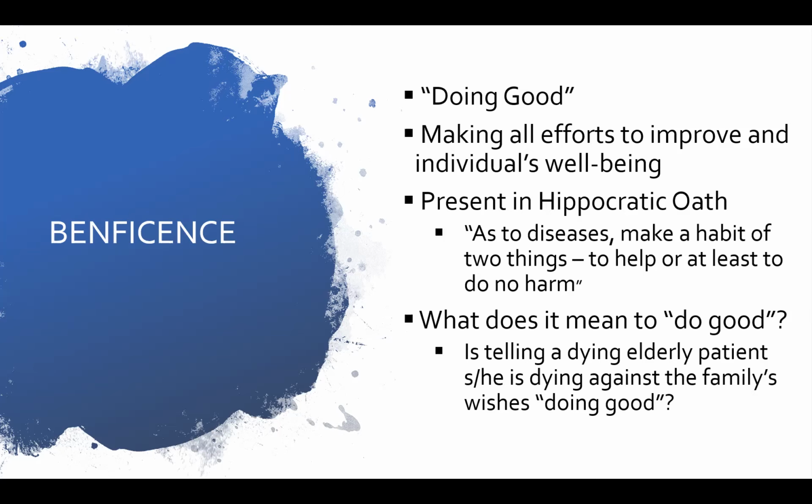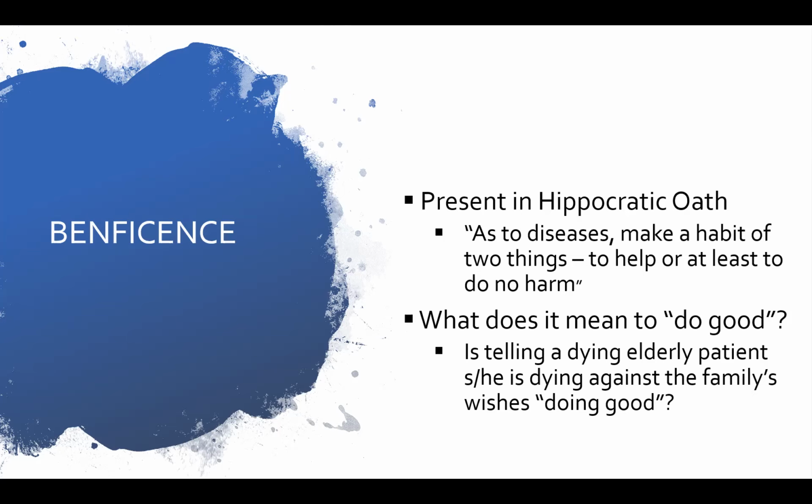In another culture, it might not be socially or culturally acceptable to tell an elderly person they're dying because this might hasten their demise. So are we doing good by practicing the way that we practice in the US in a different country? I would say that we really need to look at culture before we engage in these kind of topics. And so doing good is not as simple as doing good.